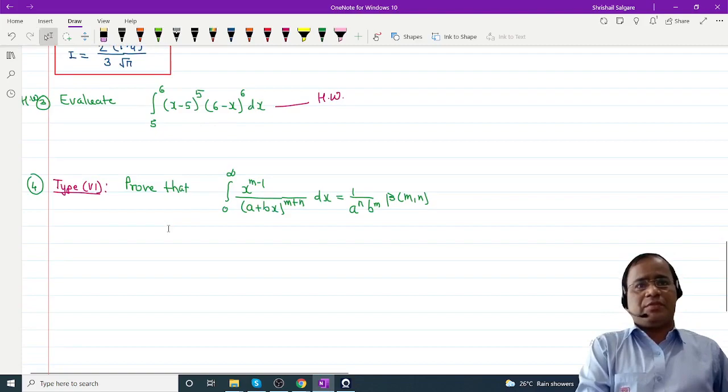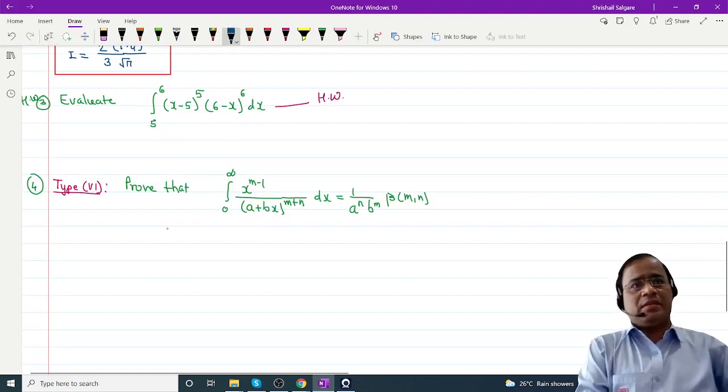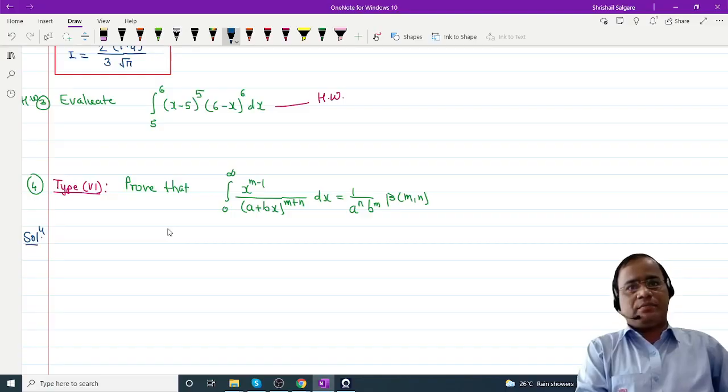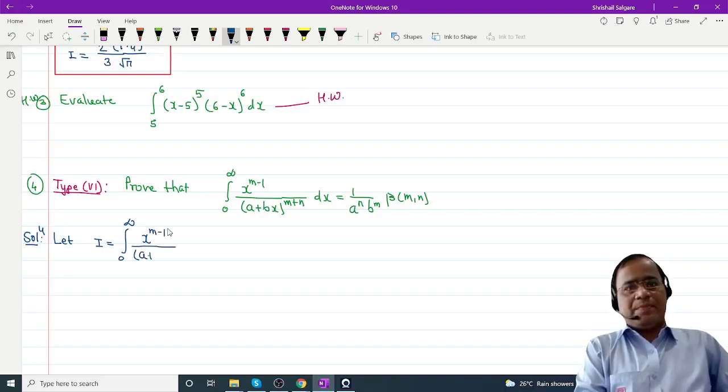If you know the substitution, then you can easily evaluate. So first step, I will call the given integral I. So let I be the integral from 0 to infinity of x raised to m minus 1 divided by (a plus bx) raised to m plus n into dx.